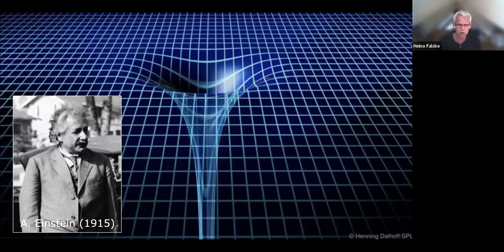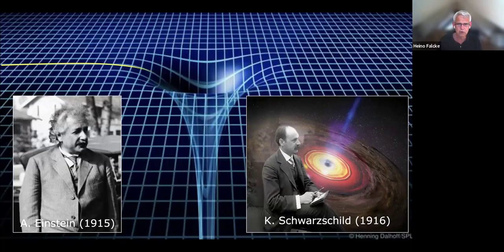Now comes the next trick. Schwarzschild, just a few months later, actually he was in the First World War, calculating how cannonballs would fly. He was at the Western Front near France in Germany.